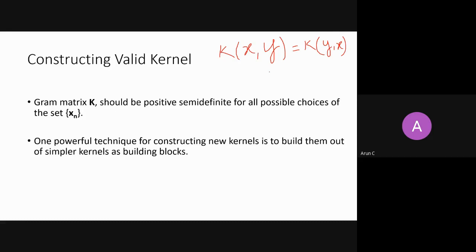The other thing is it should be positive semi-definite. It means that if you take the gram matrix K and multiply it with any vector, x transpose on the left and x on the right, you always get some number greater than or equal to 0. This is what is required for a kernel function.